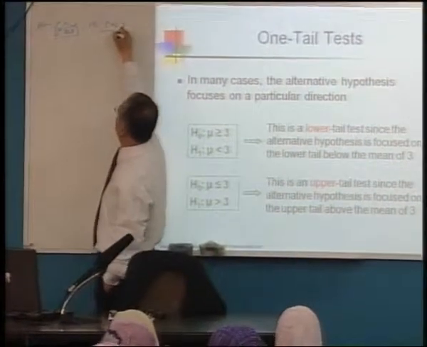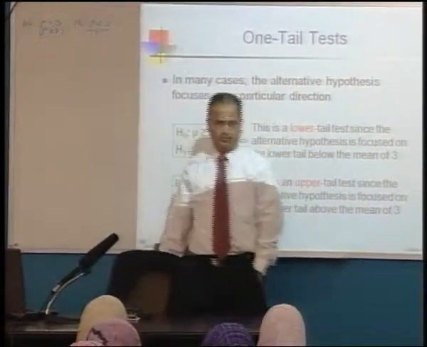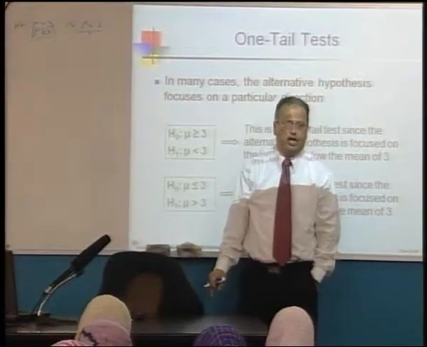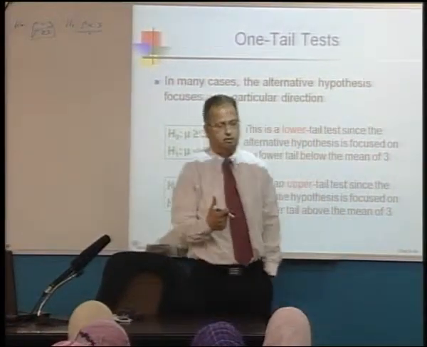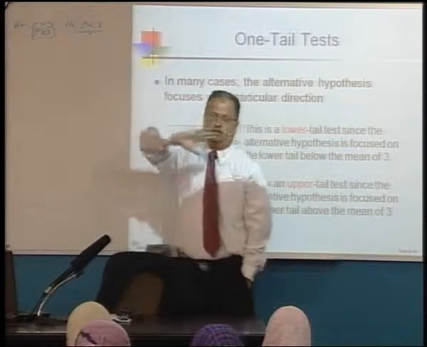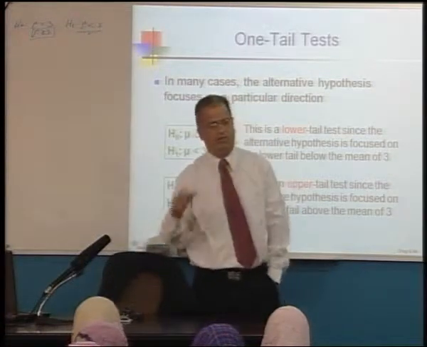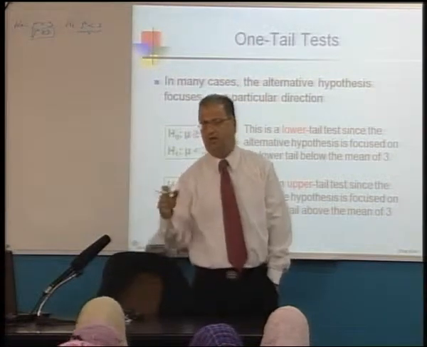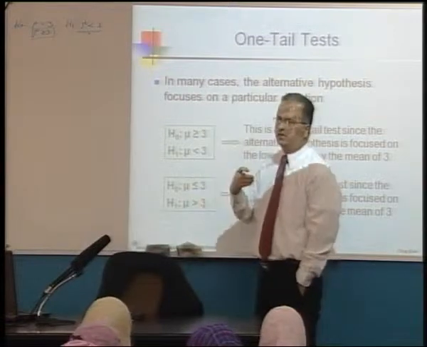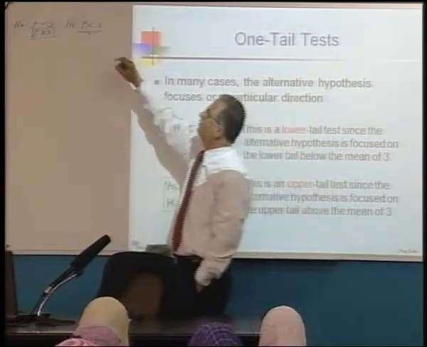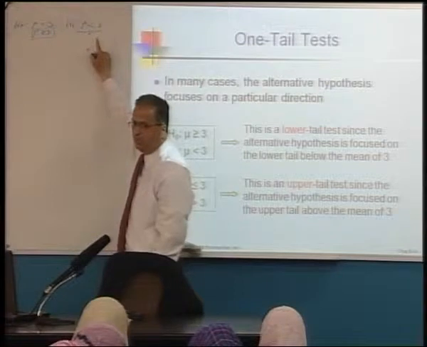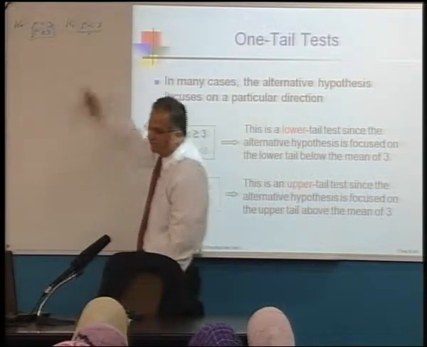Actually, we are focusing on the alternative hypothesis because the direction of this one gives the rejection region of the test. My rejection region is based on the sign or the direction under the alternative hypothesis.